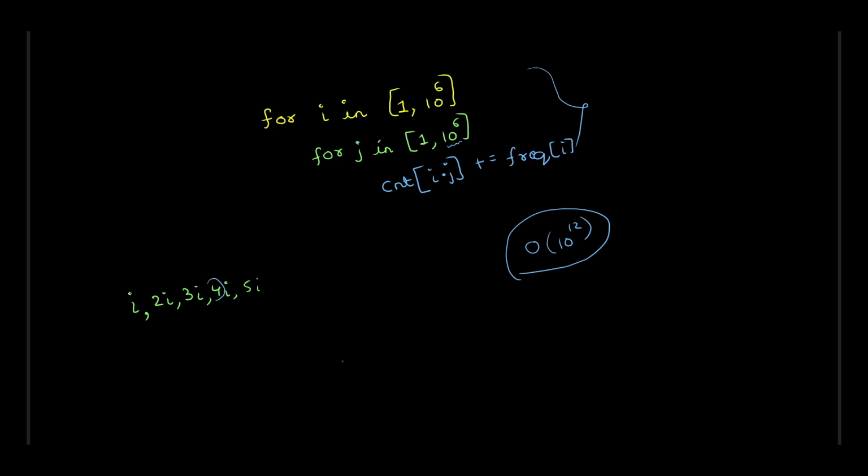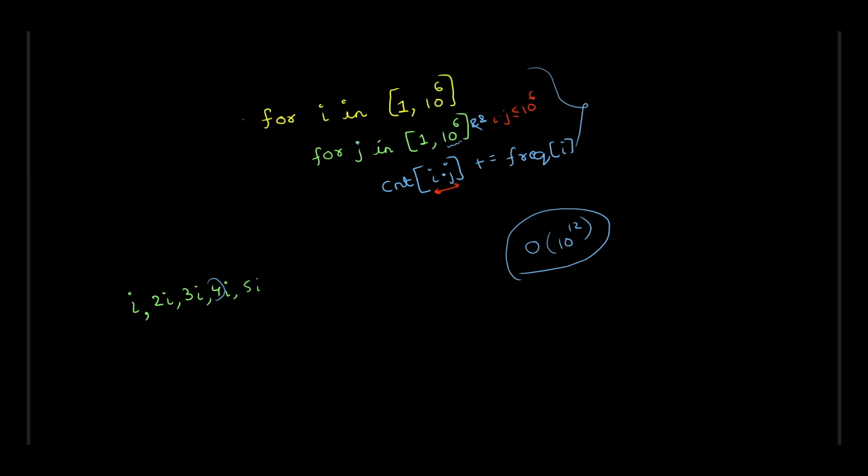You can add an early break, and then you can add a condition like so, because the number that you are incrementing has to exist in the dynamic array, and that number is I into j. So you can say I into j is less than or equal to 10 to the power 6.